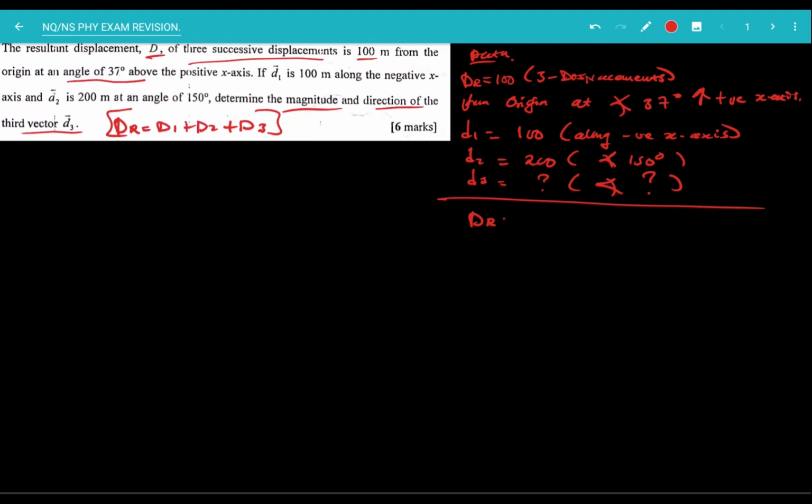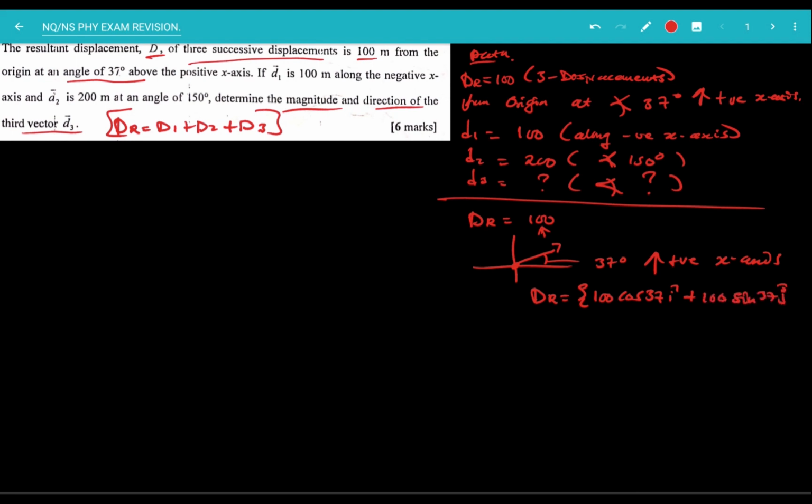d resultant. Its magnitude is 100, from the origin at an angle of 37 degrees above the positive x-axis. Resolving it, d resultant will be 100 cos 37 in the i, plus 100 sine 37 in the j.